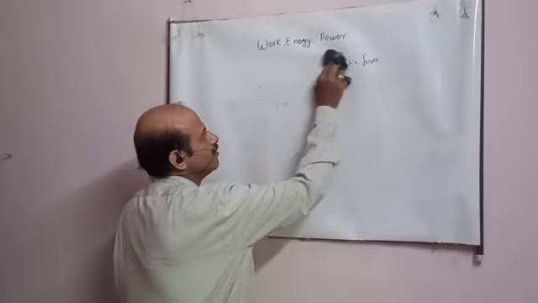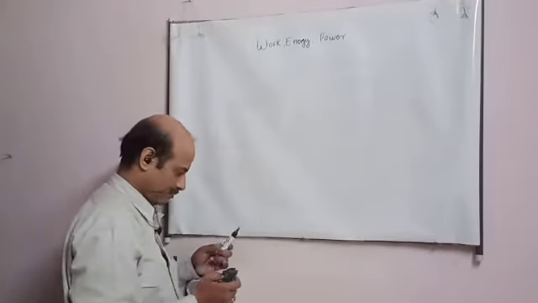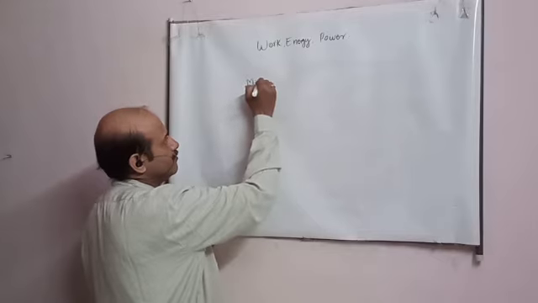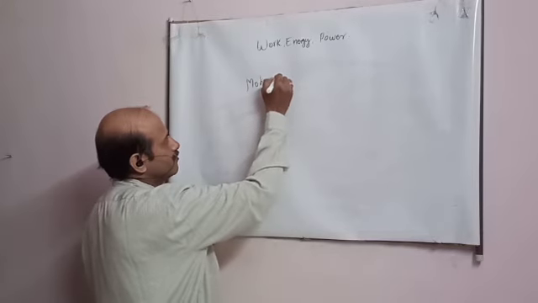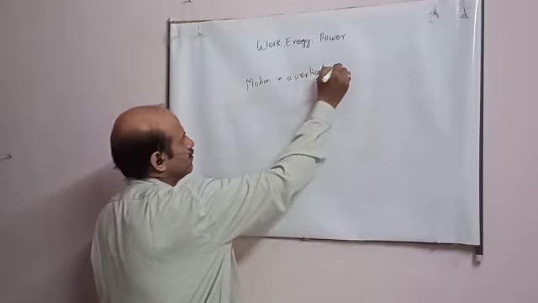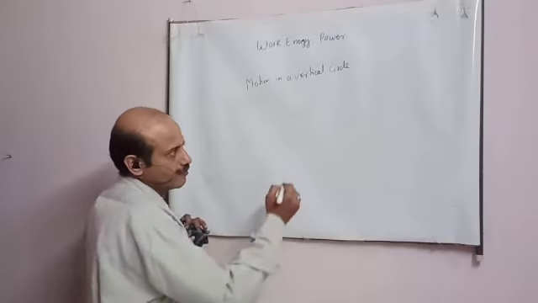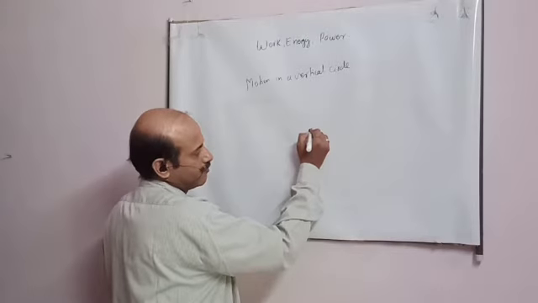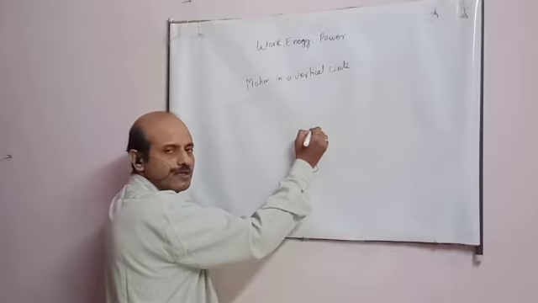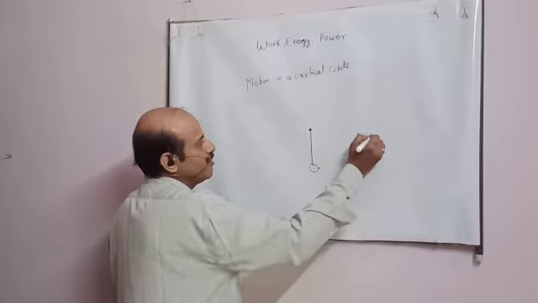Now, student, we will discuss the motion in a vertical circle. An object is tied at the center, or somebody is holding it from here, and it moves in a vertical circle, student.